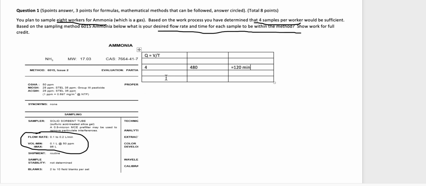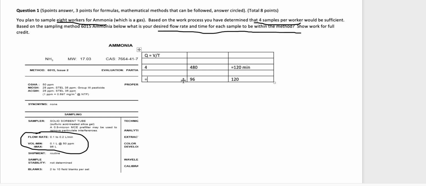So let's take our formula. Our maximum volume is 96 liters. And our time is 120 minutes.